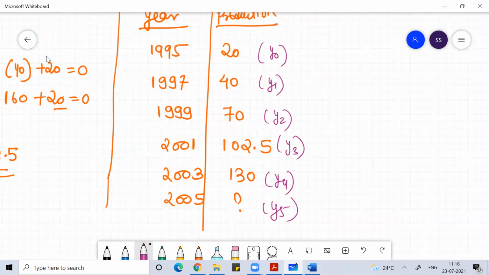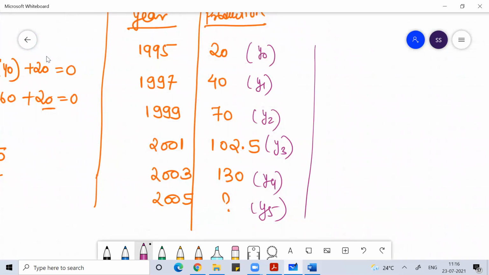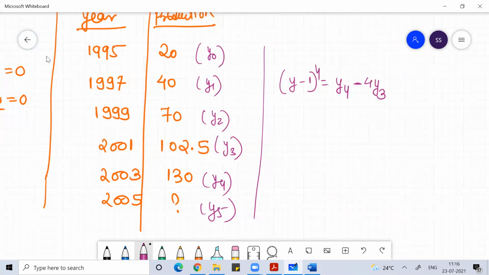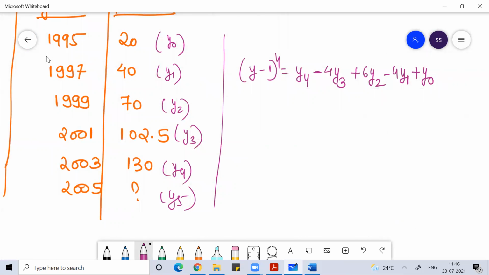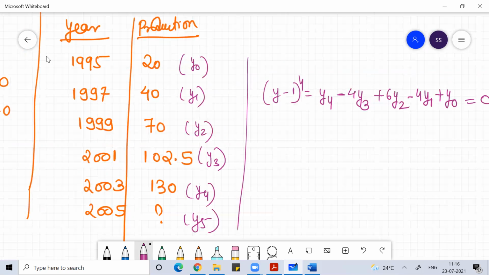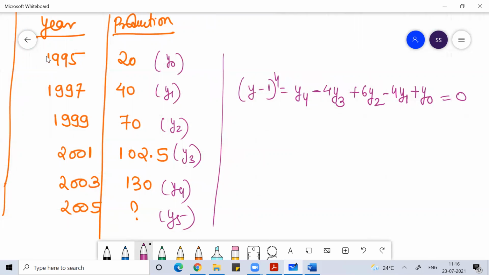Now you know very well that (y minus 1) to the power 4, that is y4 minus 4y3 plus 6y2 minus 4y1 plus y0, is equal to 0.